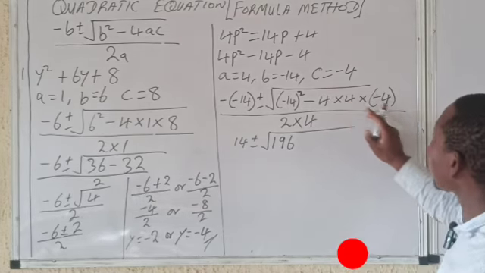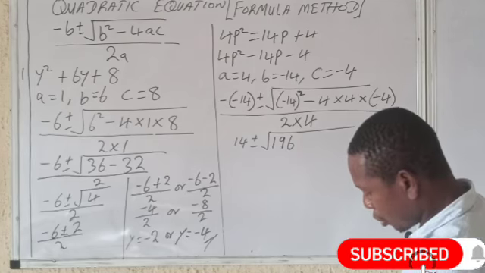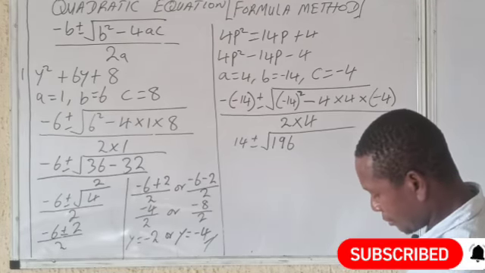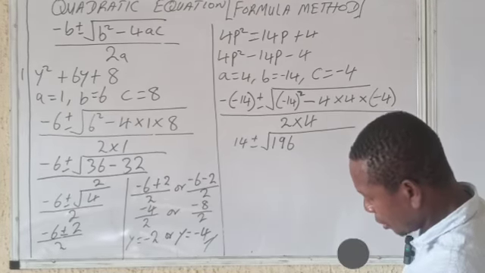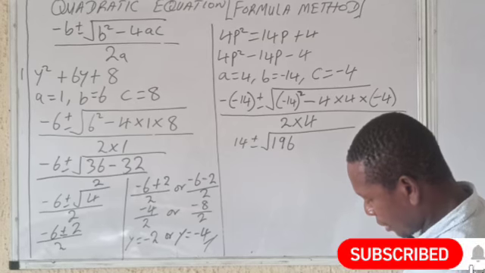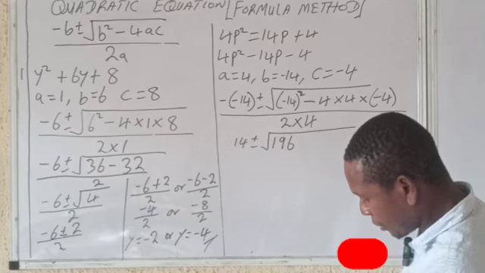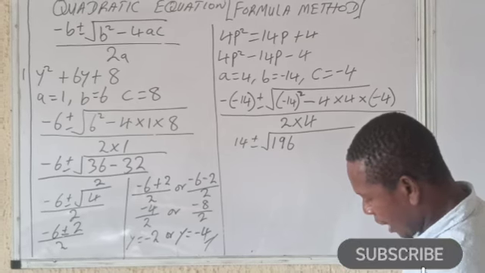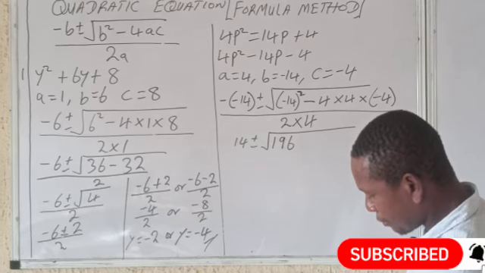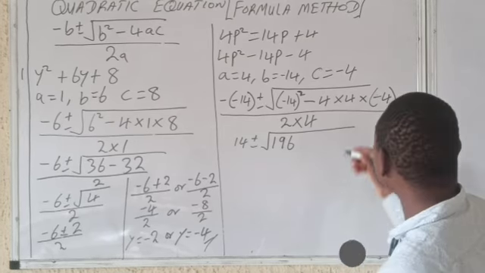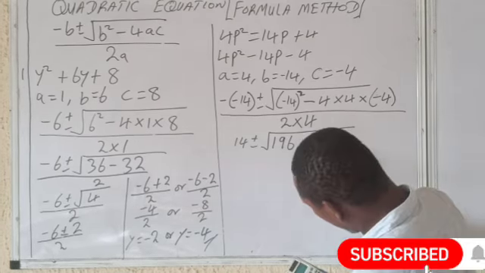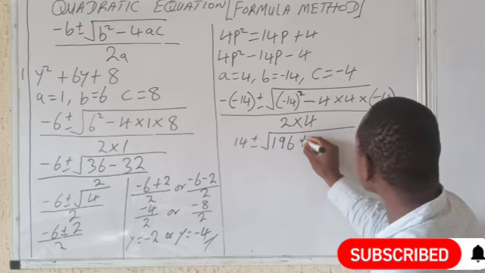Now, minus 16 times minus 4. So you can use your calculator to do that. Negative 16 times negative 4.